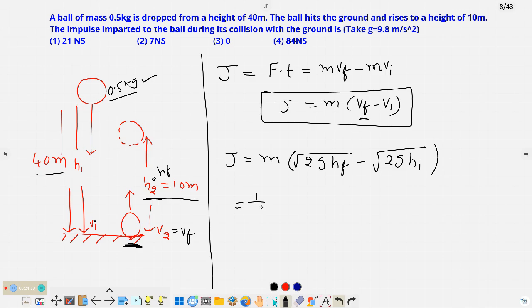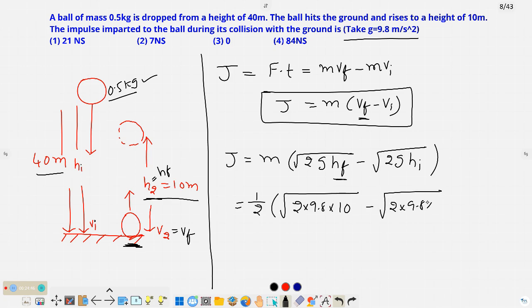0.5 I can write as 1 by 2, into under root of 2 into g value, already given in the question, take it as 9.8. So that is 9.8 into the final height, 10, minus under root of 2 into 9.8 into the initial height from which it is falling, 40 meters. Now calculate this value. Half into, you can take 2 into 9.8 common if you like, otherwise cancel the point.